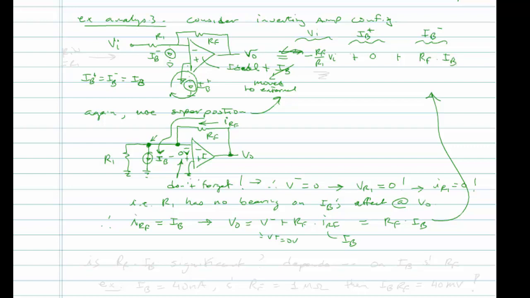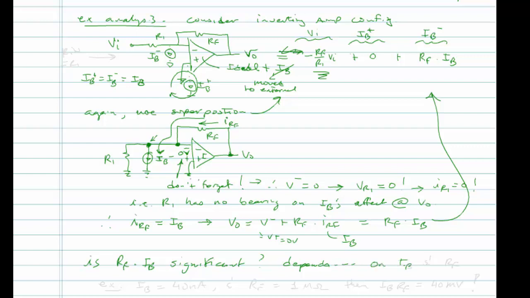And now I can fill out my expression for VO. I have that VO is equal to the original inverting op-amp gain, minus RF over R1 times VI, plus an error term at the output, an offset term that is due to IB. Okay, and let's consider, is RF IB significant? Well, it depends. On what?